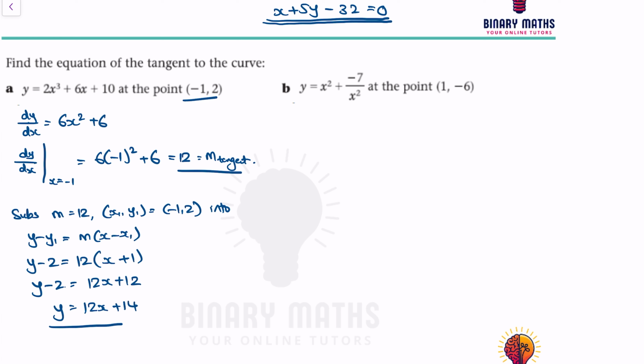It doesn't ask me to leave it in a certain form, so I can just leave it in any form. I could have just stopped after I substituted numbers in, that would be fine.